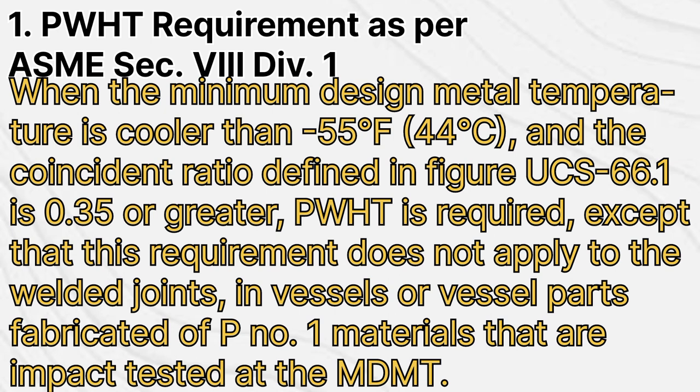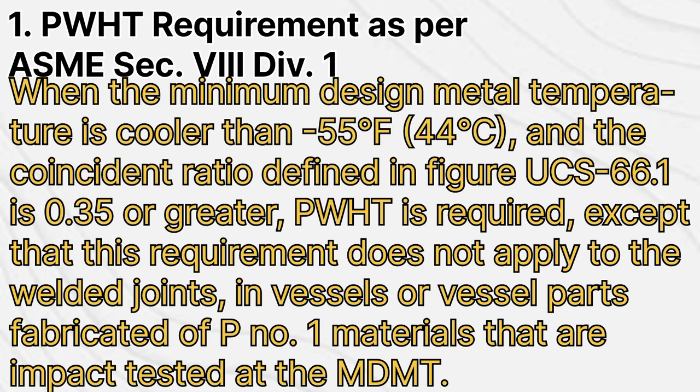Next, electroslag welds in ferritic material over 38 mm thickness at the joint shall be given a grain refining heat treatment. Electrogas welds in ferritic material with any single pass greater than 38 mm shall be given a grain refining heat treatment.